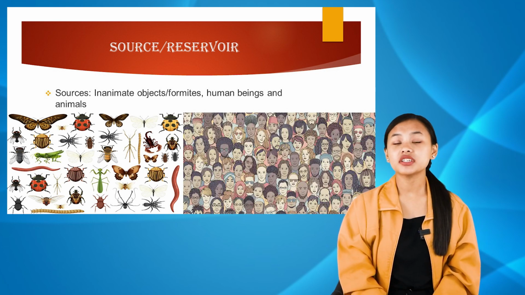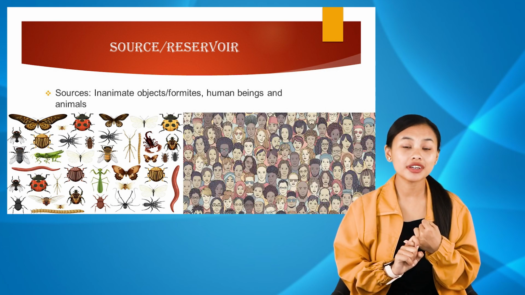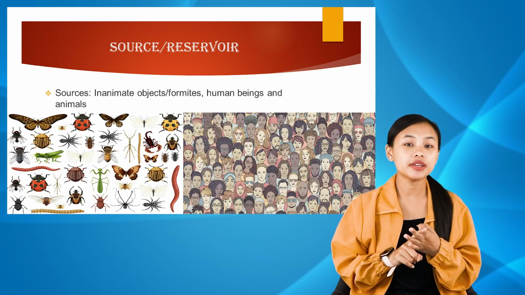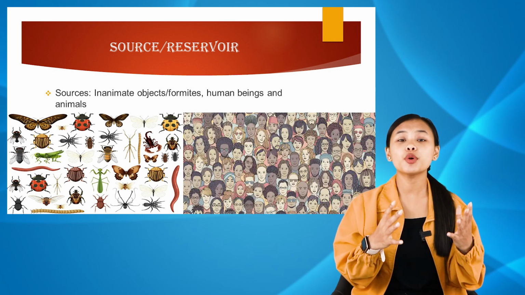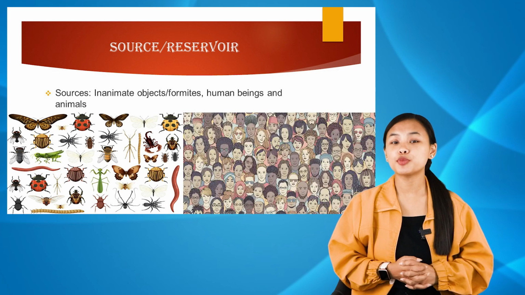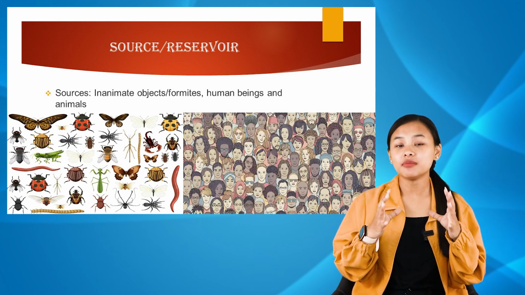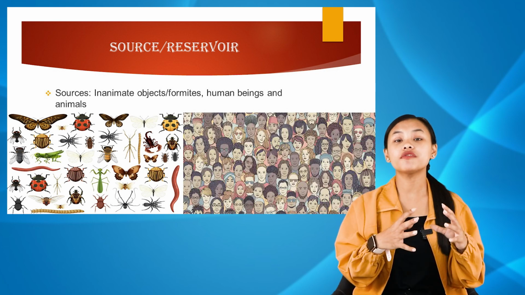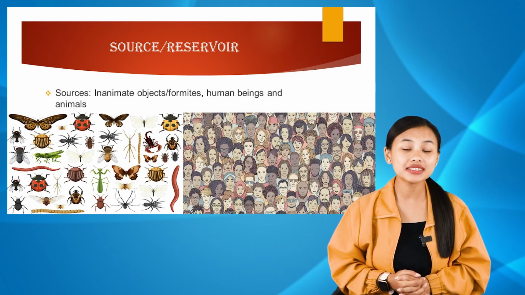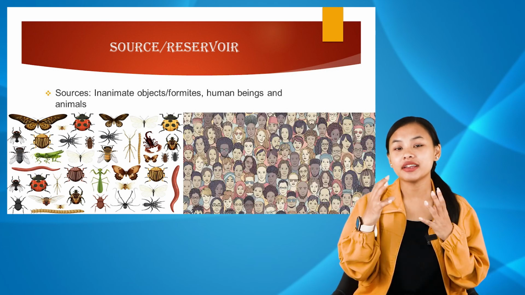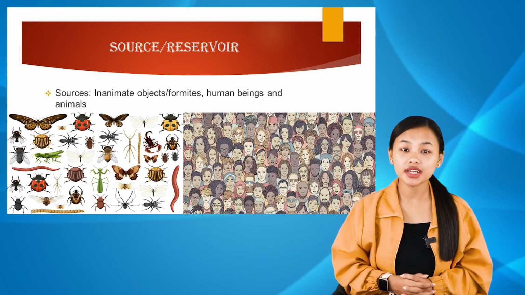In human beings, it includes the person who already has that particular infection, the healthcare personnel, the family members, the visitors, as well as the other patients present in the hospital setting. And the last one is the animals. Animals are often the sources of diseases, especially for human beings. Insects and rats are the most common examples.